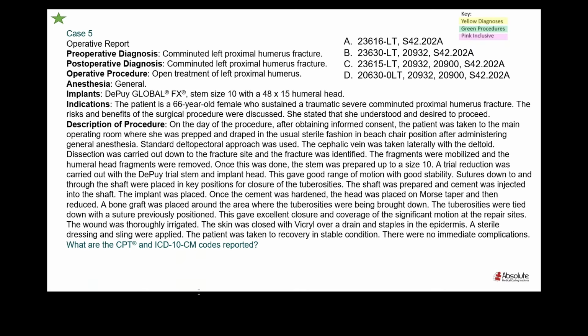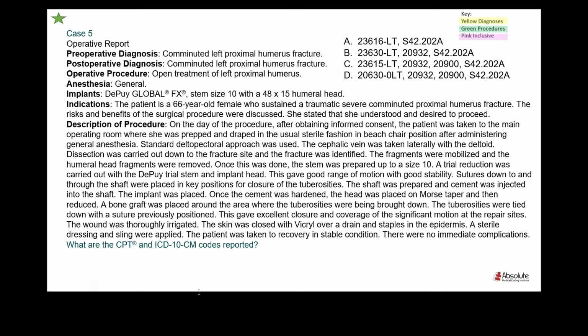C. 23615 LT, 20932, 20900, X42.202A. D. 20630, 20932, 20900, X42.202A.